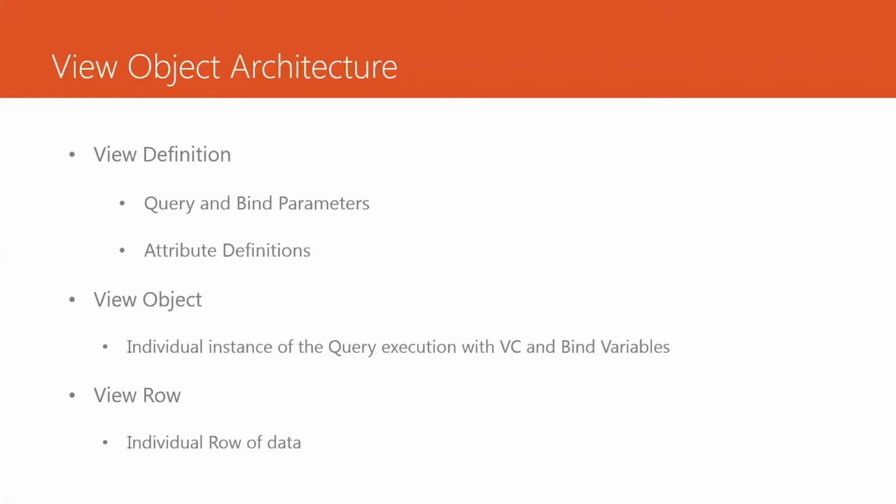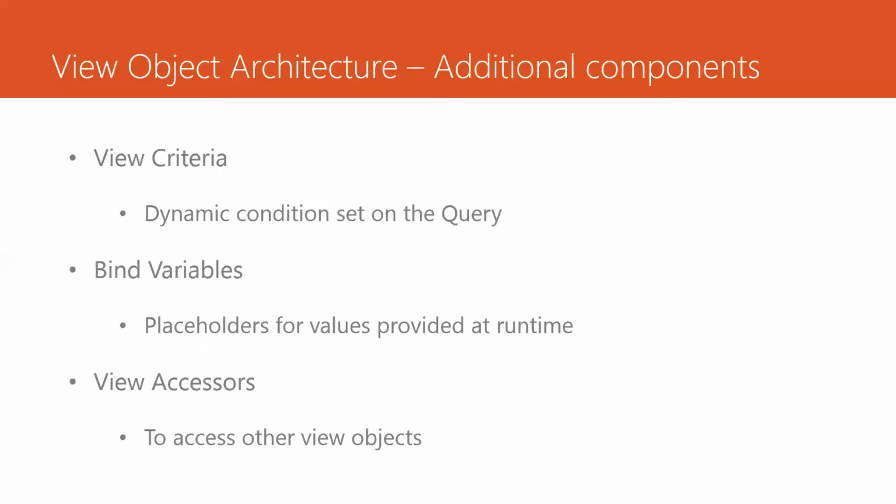Okay. So we were talking about view criteria and bind variables. Let's see what they are. In the demo, you'll understand it more clearly. Just let me give a briefing on top of that. When you create a view object, you write a query for it. In the query, you can mention a where condition, using the bind variables or a direct where condition.